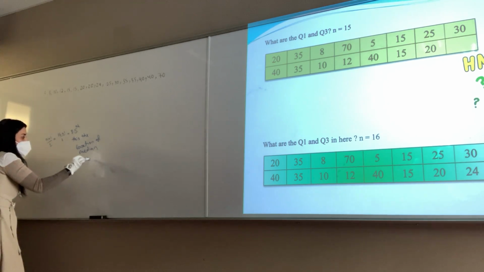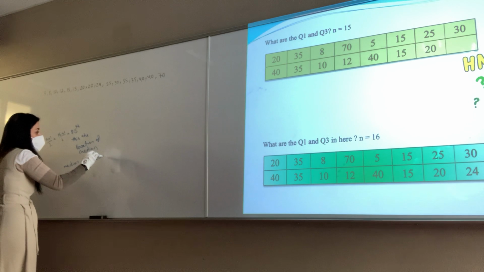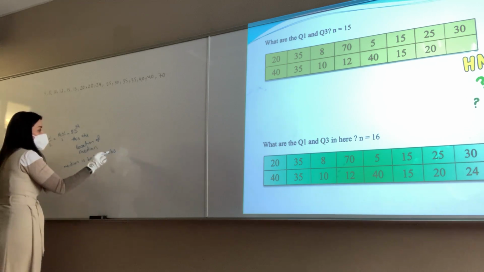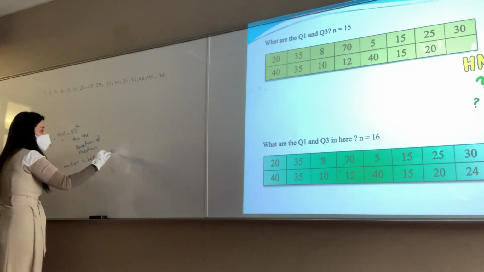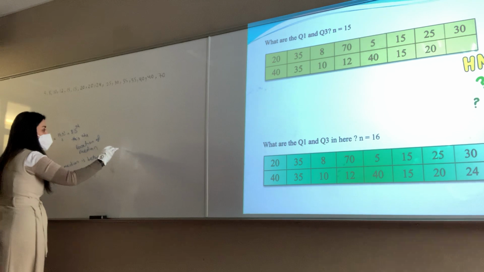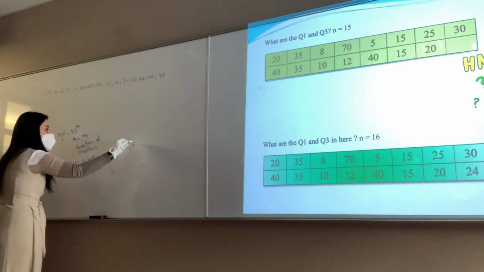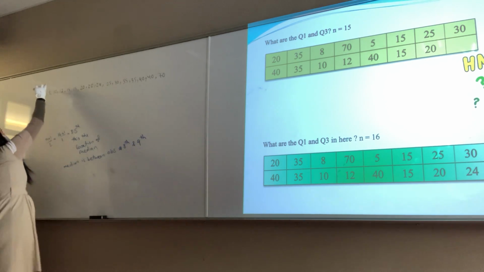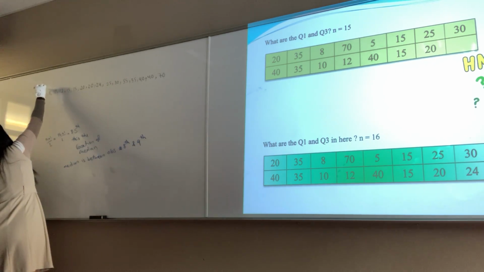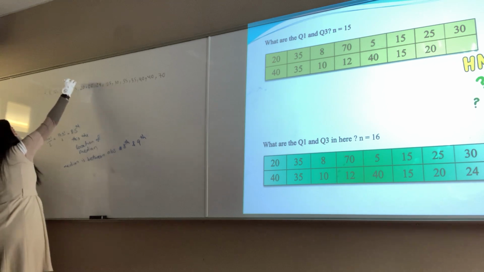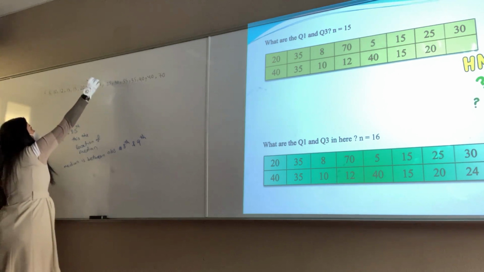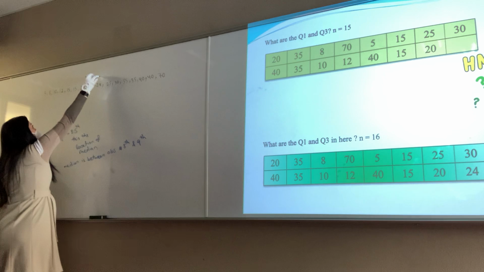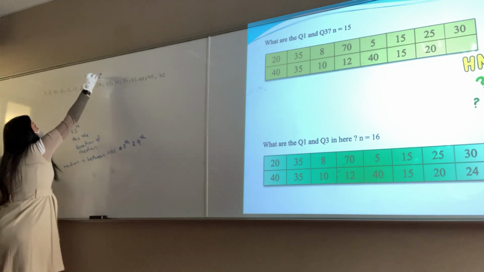Median is between observation number 8 and 9, right? So I'm going to count from the beginning. 1, 2, 3, 4, 5, 6, 7, 8, 9. This is 8. This is 9.